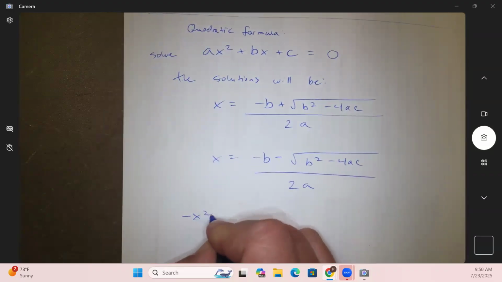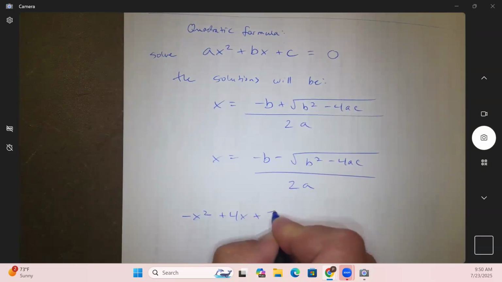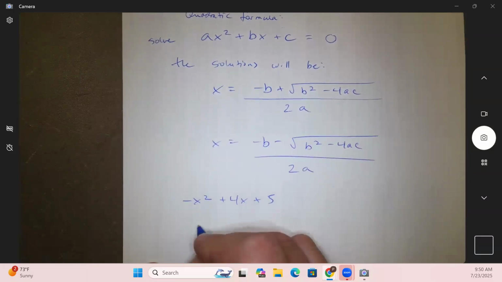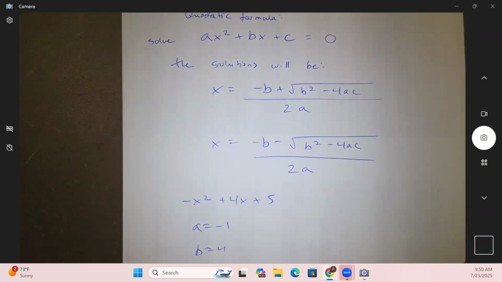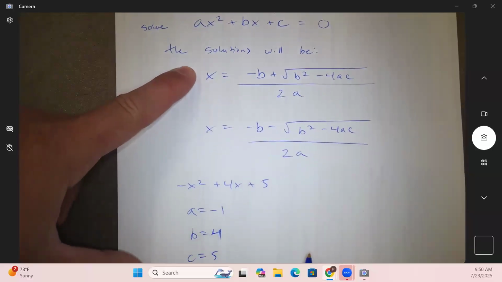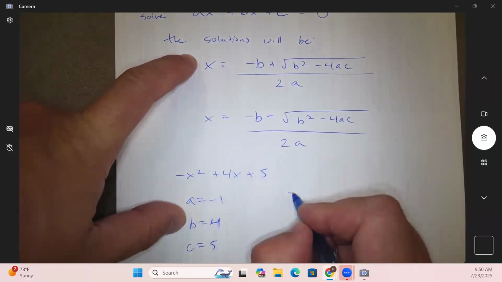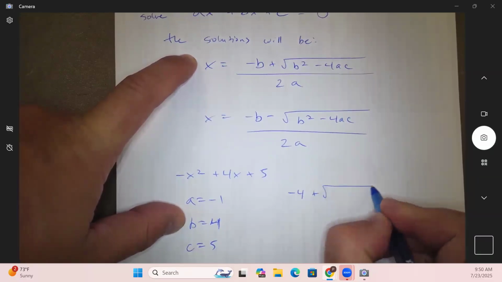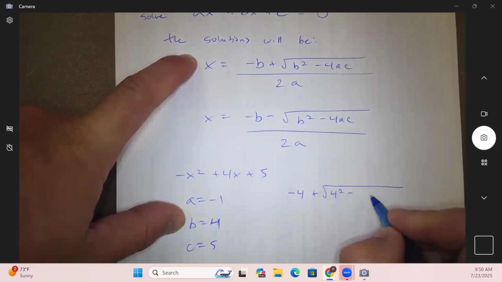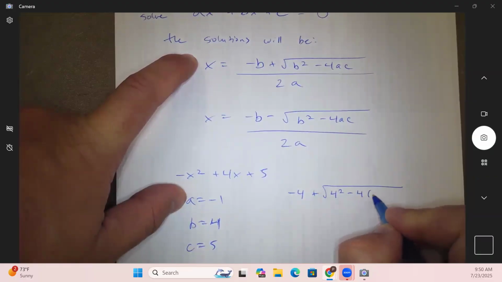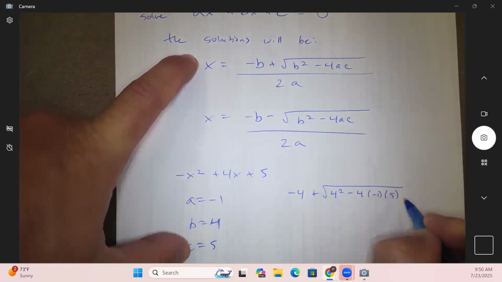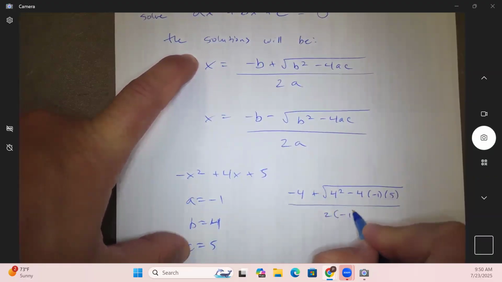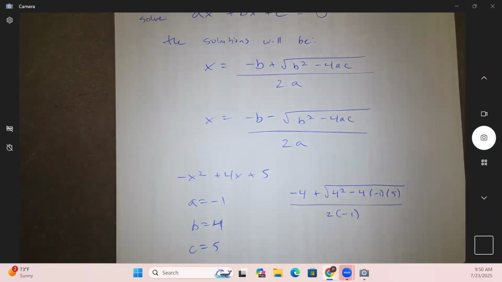We had minus x squared plus 4x plus 5. So the a is -1, the b is 4, and the c is 5. So using my formula, I'm going to get -4 plus the square root of 4 squared minus 4 times -1 times 5, all over 2 times -1, which, as you see, is a lot of numbers to carry around.